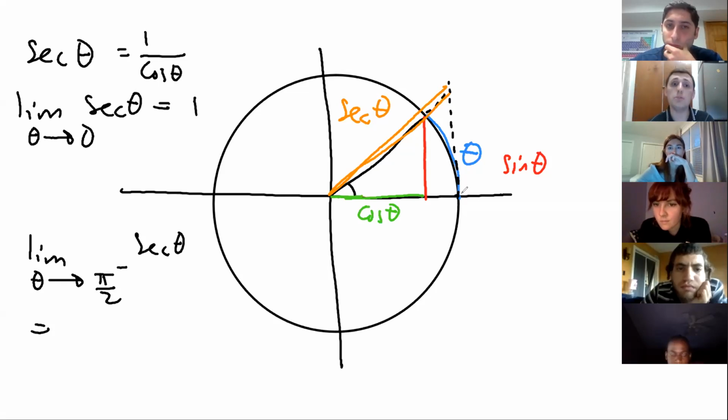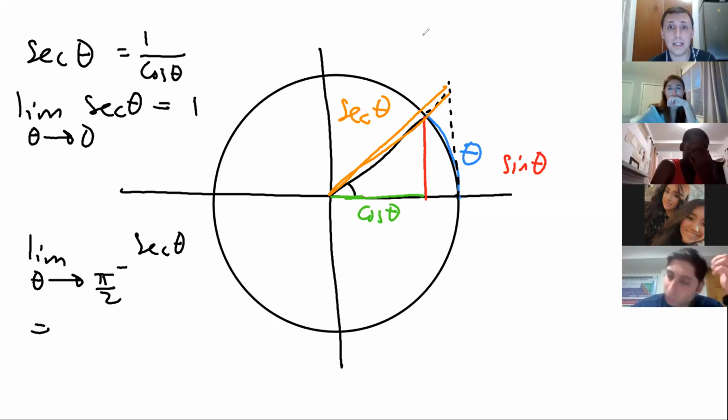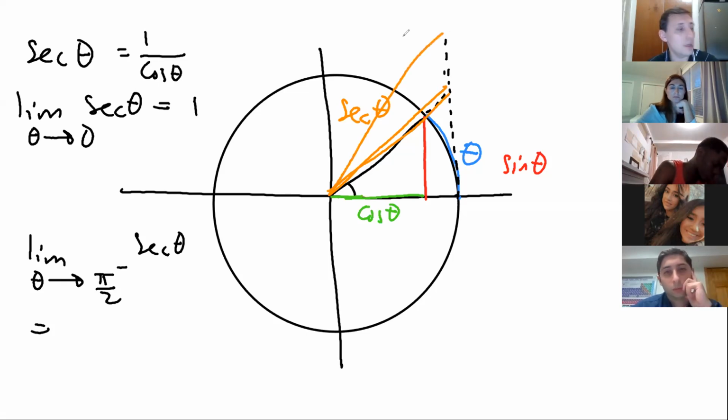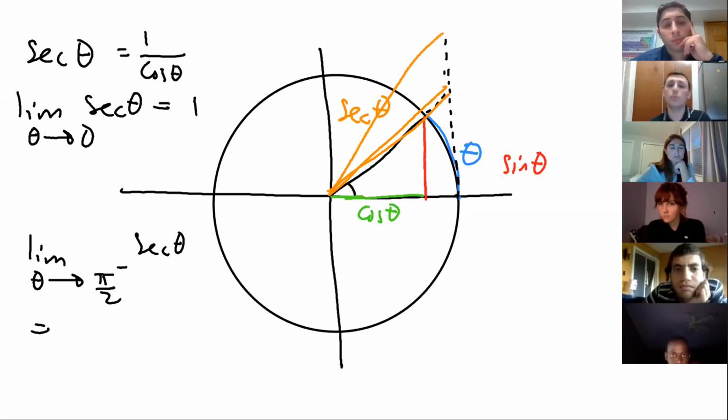Which means that I can easily see the graph of the secant if I just follow this dotted line, right? So if I rotate a bit more, this is my secant. If I rotate more, it will take longer to meet the dotted line. Do you all see that?